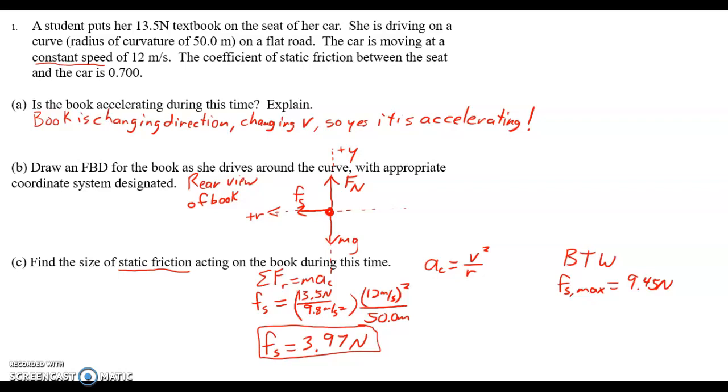In other words, the car could go faster without the book slipping. That's what this means over here. So we're not worried about that. Sometimes you have information in a problem that you end up not using. If you were to find the maximum static friction, that would not be the answer to the question being asked in Part C. Alright, move on to the next one.